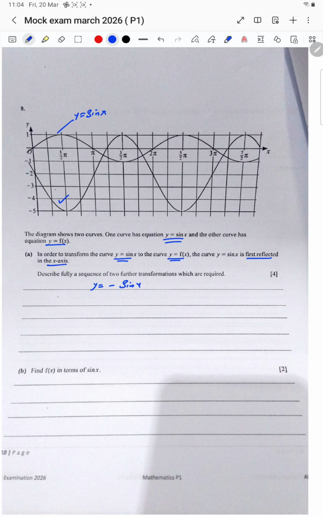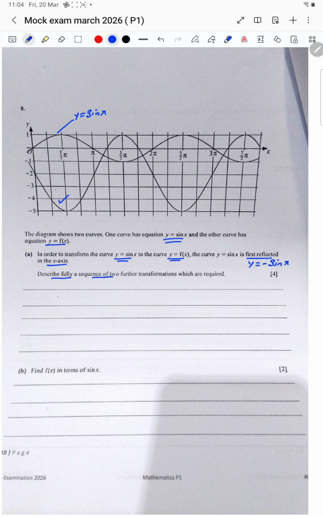If it is in the y-axis, the angle can be taken as negative, because sine of minus theta is minus sine theta. So a reflection along the x-axis means you need to multiply the function with a negative sign. So I get y equal to minus sine of x.